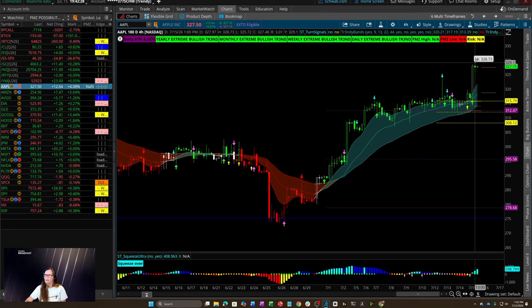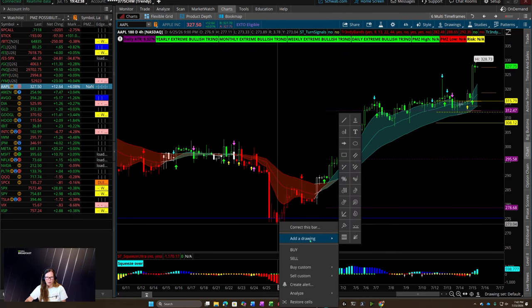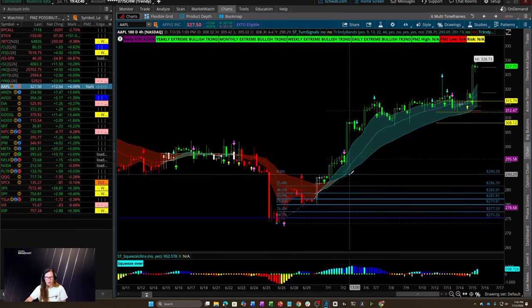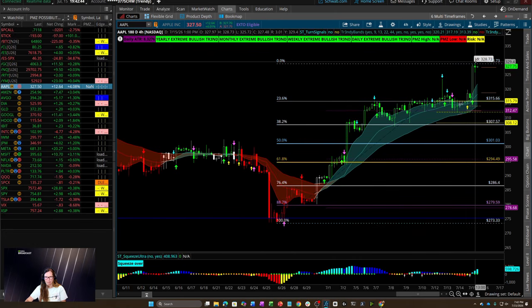So, what zone, if I was measuring this move on Apple from the end of June to the most recent all-time high, what zone would I be looking at to trade on a pullback?